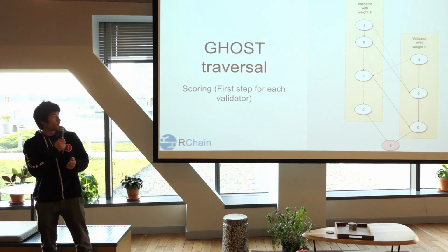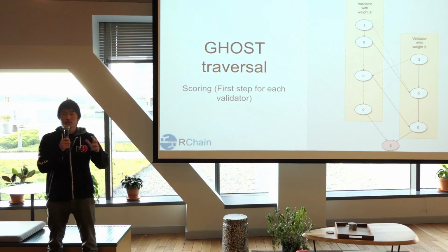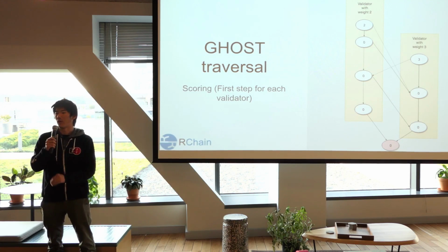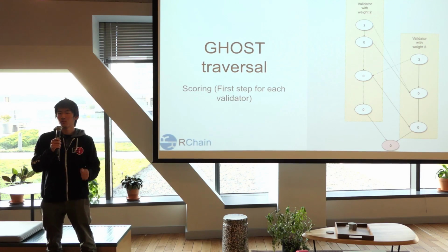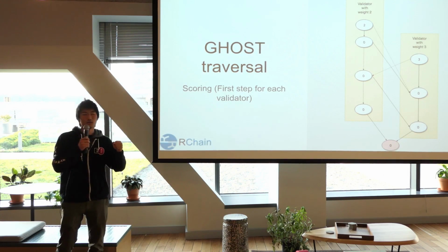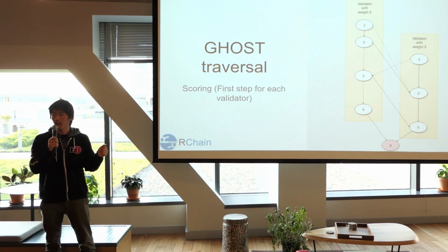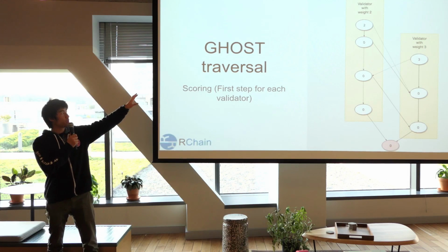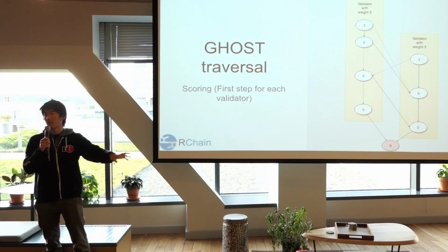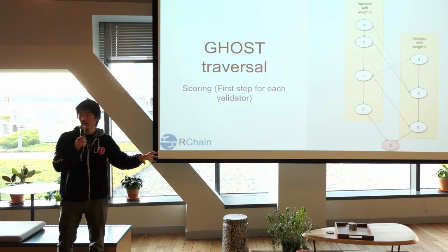To be clear, each validator has a certain weight, and this weight is determined when they've bonded in. We're assuming that the validator on the left has a weight of 2, and the validator on the right has a weight of 3.